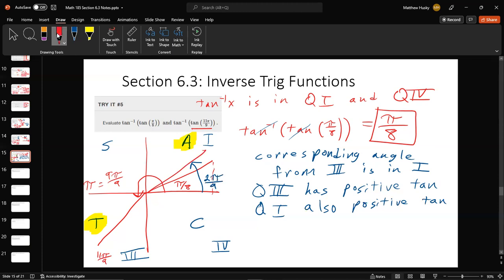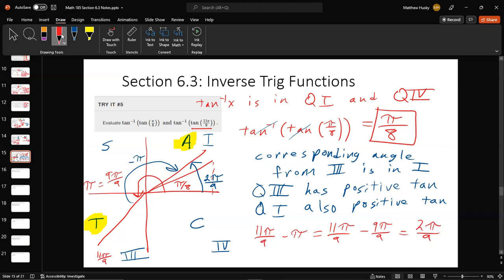Well, if I do 11 pi over 9 and subtract pi, a half turn back to quadrant 1, 11 pi over 9 minus 9 pi over 9 is 2 pi over 9.